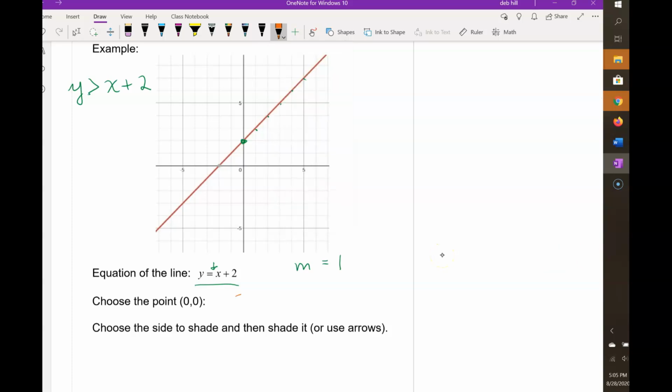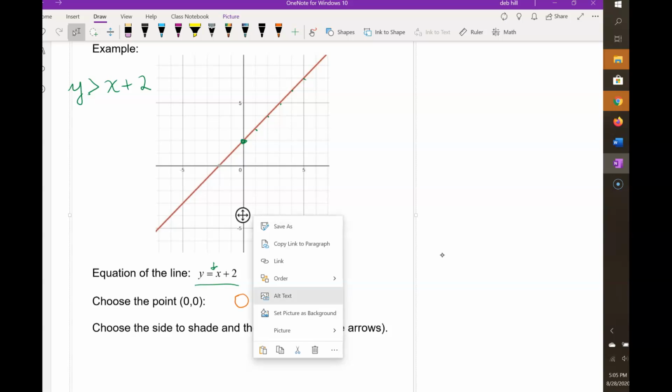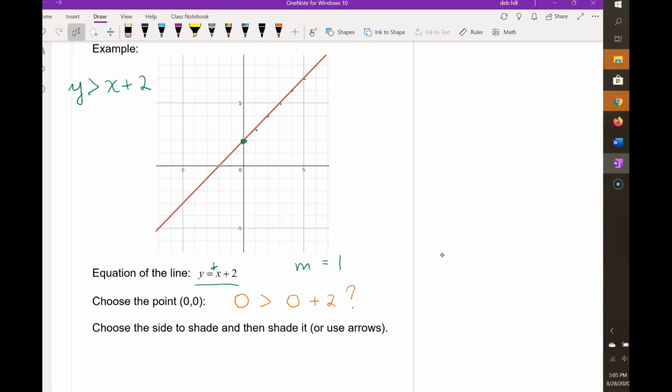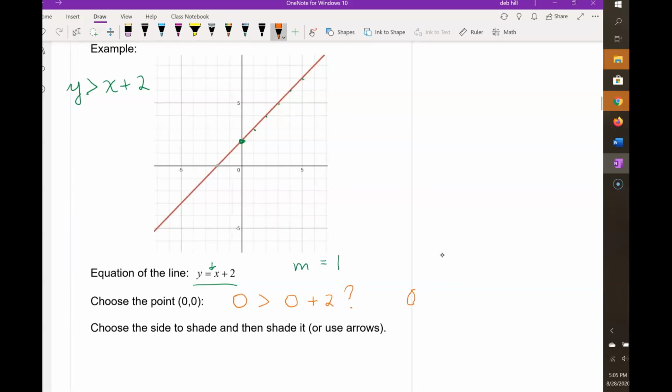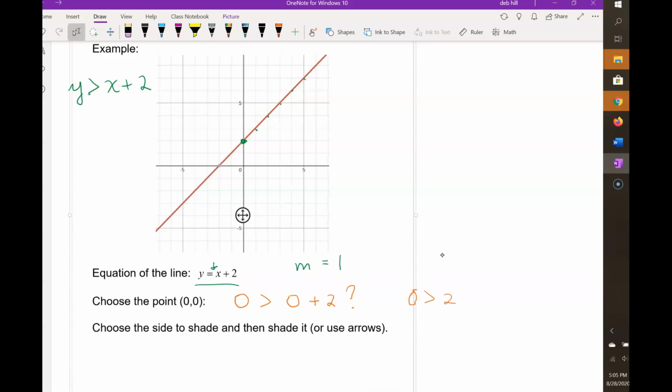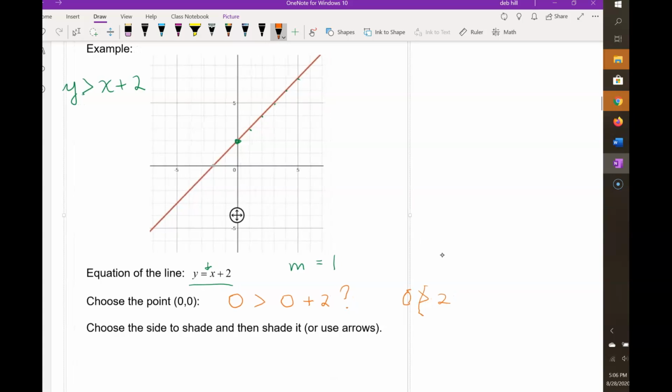So I put 0 for y, and I say, is that greater than 0 plus 2? Well, what do you think? Is 0 greater than 2? I don't think so. So we'd say it's false. So we shade away from 0, 0.